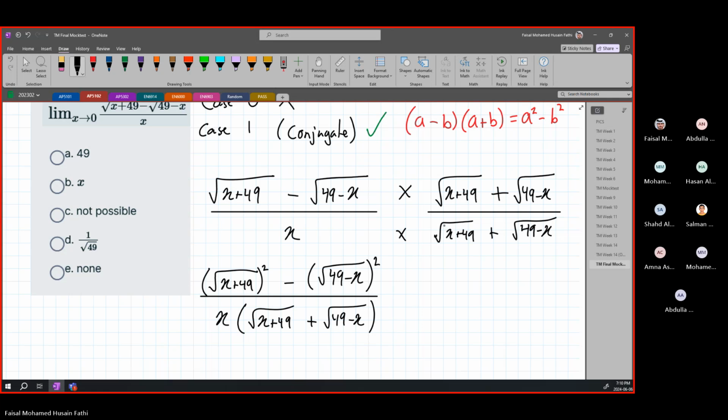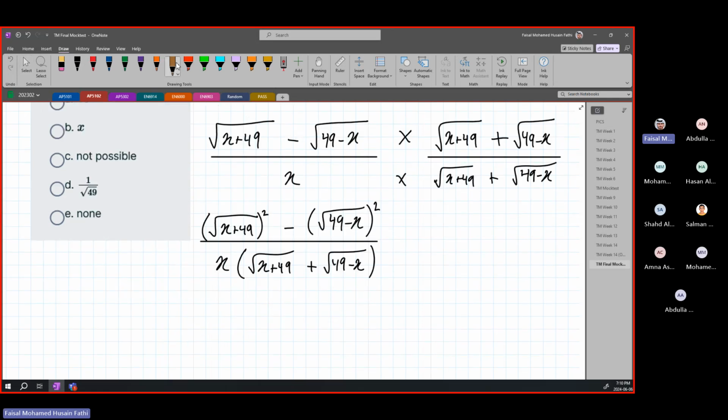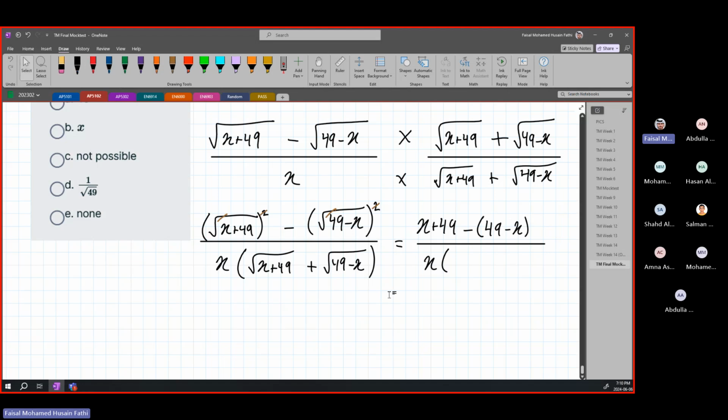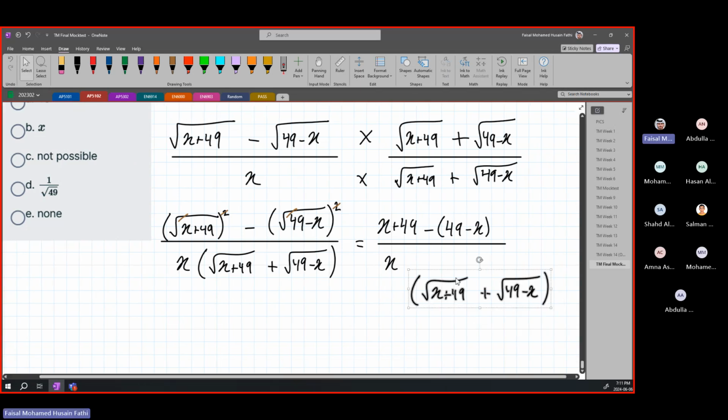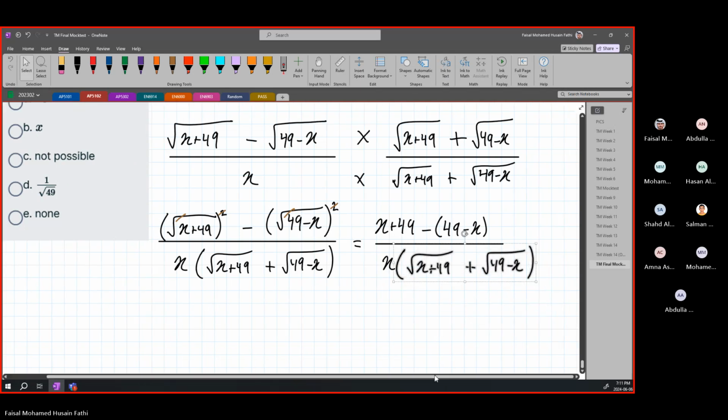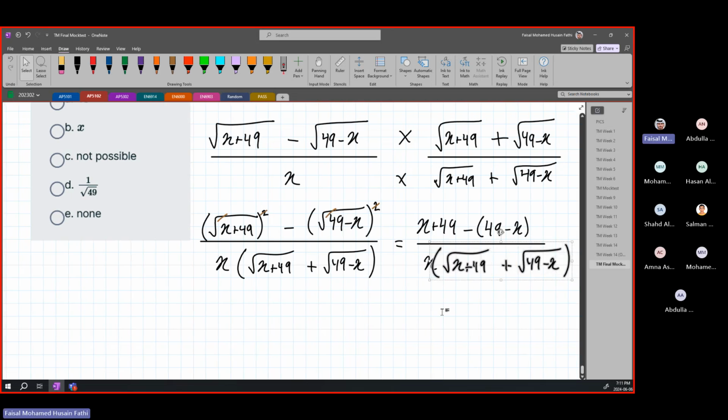Okay. So now if you notice in the top, the squares will cancel with the square roots, and you will be remaining with x plus 49 minus 49 minus x over x into the whole denominator. The denominator does not change, and you'll keep it the same way.